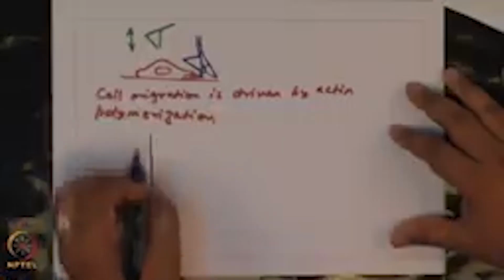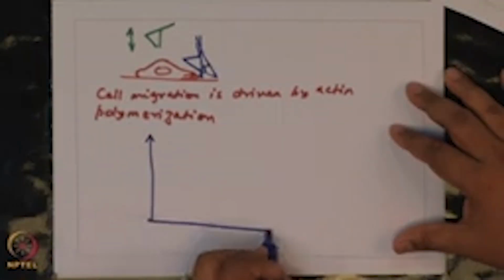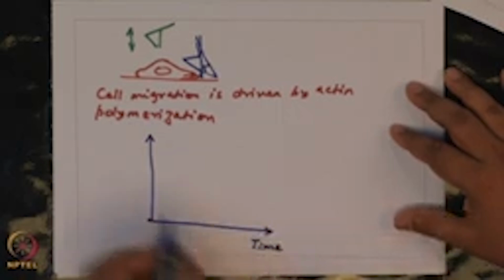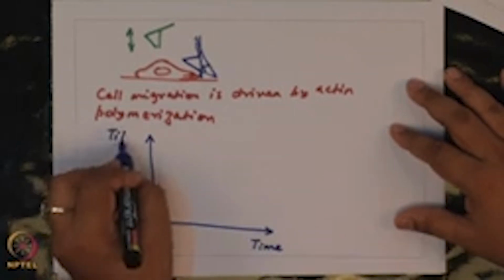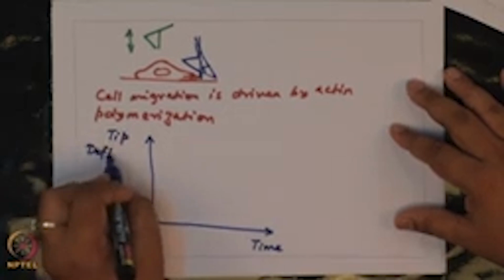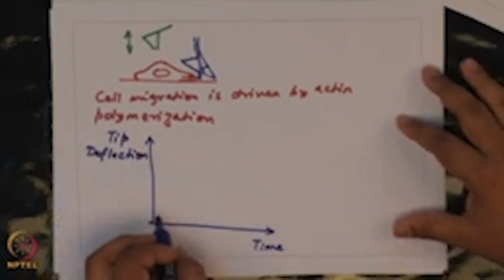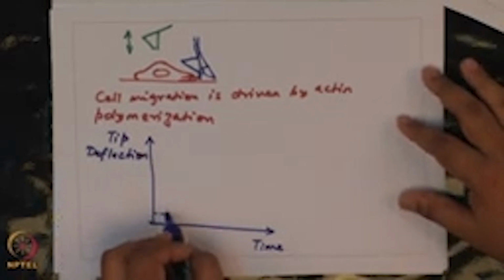So, you can track the displacement as a function of time. If I track the deflection of the tip, or displacement, as a function of time, okay, tip deflection, you can expect to get a curve.